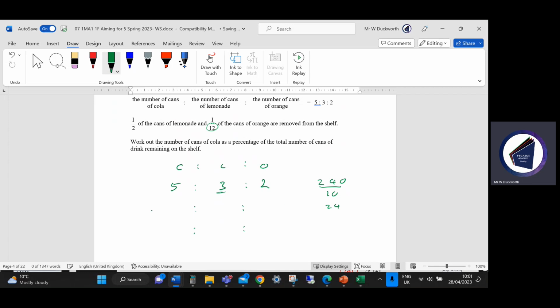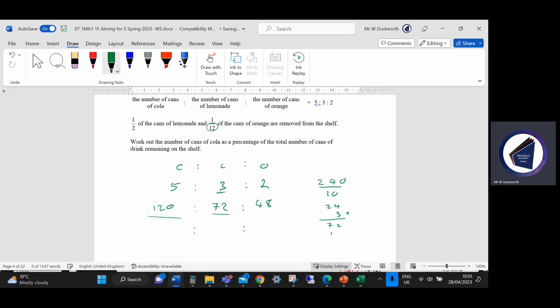So we start off with 24 times 5, which is 120. 3 times 24 is 72. Okay, that works. And then 2 lots of 24 is 48. So that's the number that we start with.